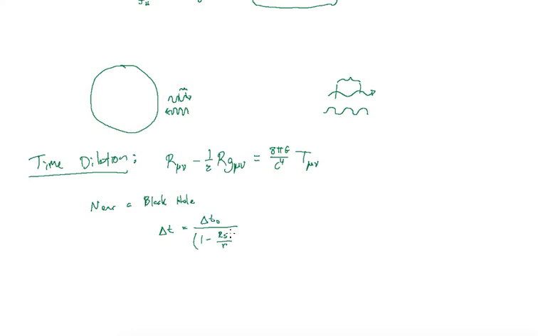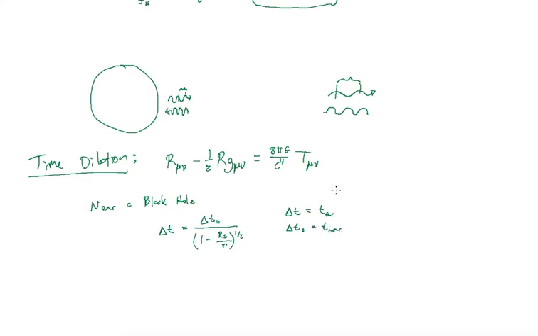Delta t is the elapsed time far from the black hole, and delta t naught is the time near the black hole.